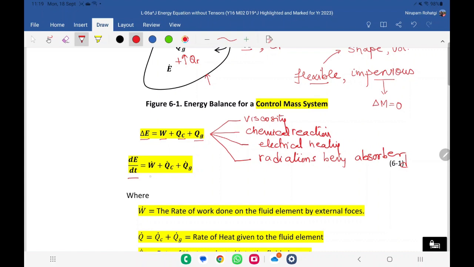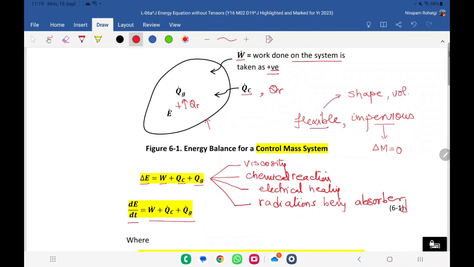Now, what will be the rate of change of energy? You sum it all up and find the derivative. Can you think of any other energy? You have a control mass system, it's a fluid. Can there be any other energy? Kinetic energy. Kinetic energy cannot come from outside, can it? The kinetic energy is already inside. It's an impervious system.